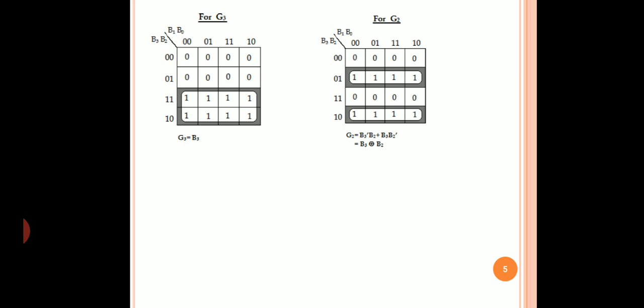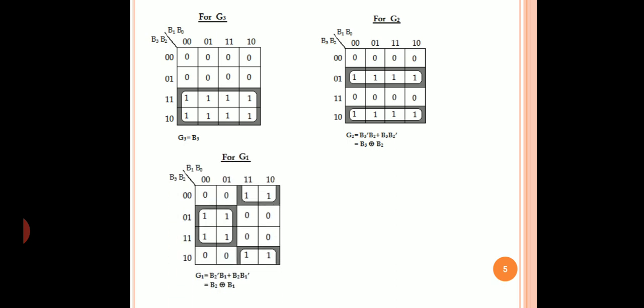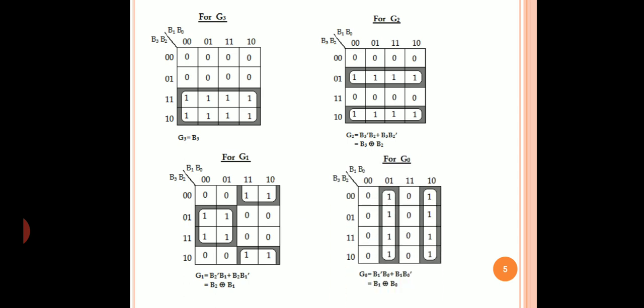If we simplify, the ultimate expression is G2 equals B3 XOR B2. For G1, again there are 2 quads and the expression is B2 XOR B1. And for G0, again there are 2 quads and the expression is B1 XOR B0.